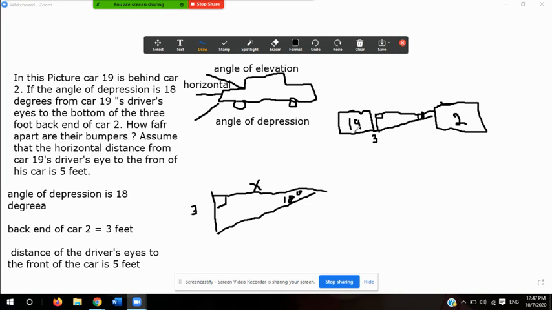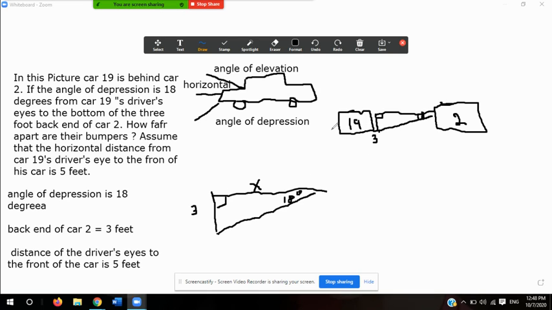So what I did was take this and draw it here. The 3 down here represents the 3-foot back end of car number 2. The angle of depression is 18 degrees, and that means he's looking at the back end of car 2's bumper at an 18-degree angle.